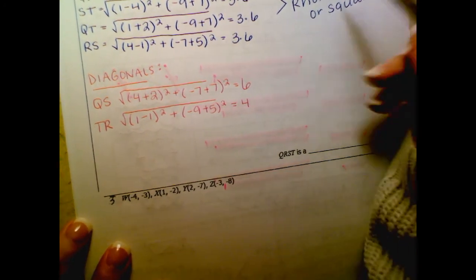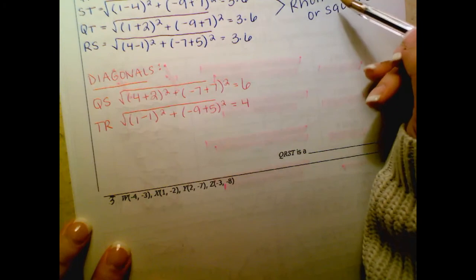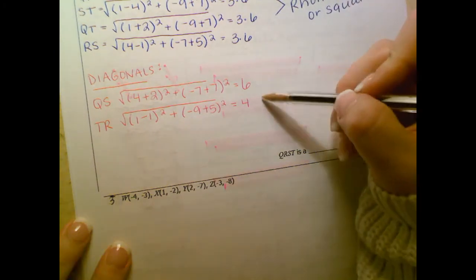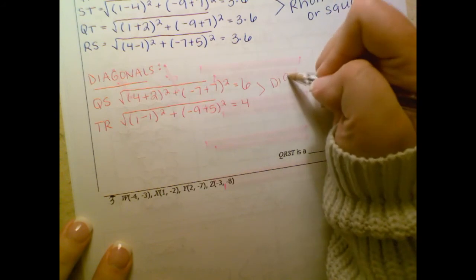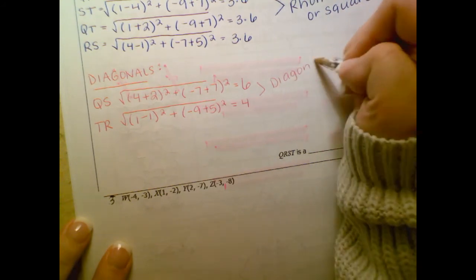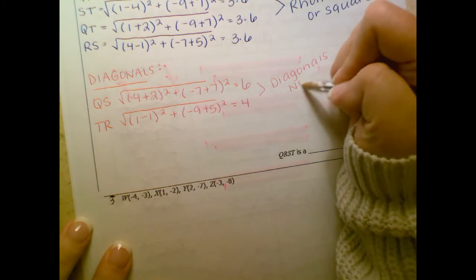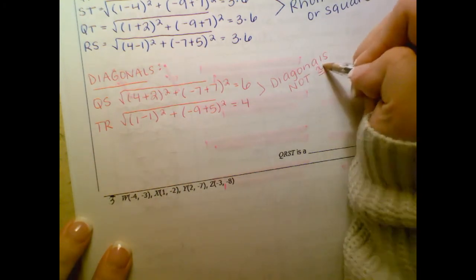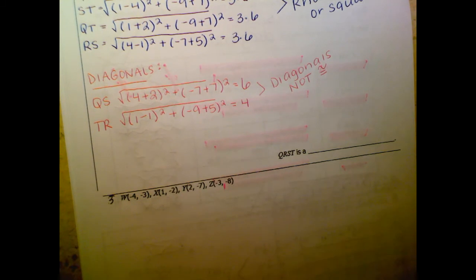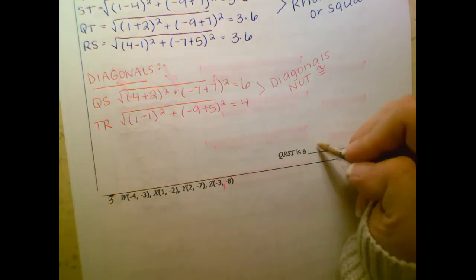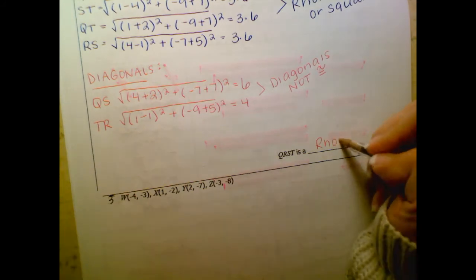So I'm going to look either at my cheat sheet or I'm going to ask myself which one has the diagonals not congruent. All right, the quadrilateral that has diagonals not congruent, but all 4 sides would be my rhombus.